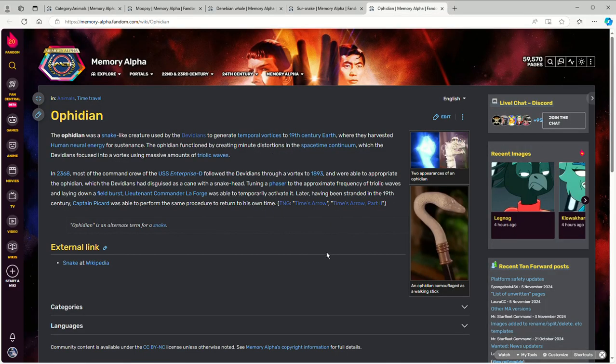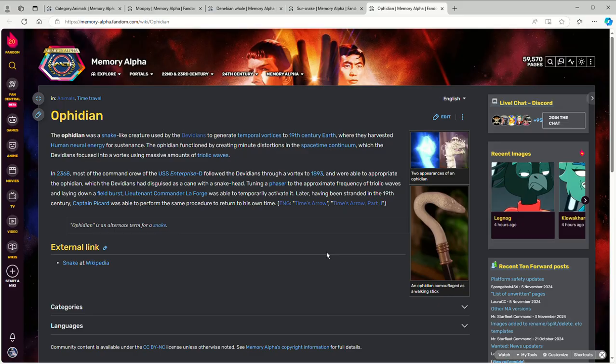Then you have things that have major plot significance, like the Ophidian. Now, this is a Devidian animal. This is the only life form known to exist that comes from the same place that the Devidians themselves do.